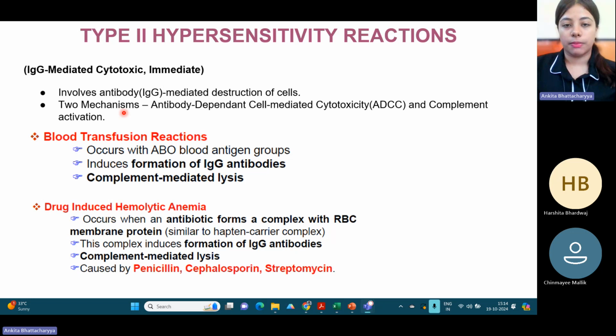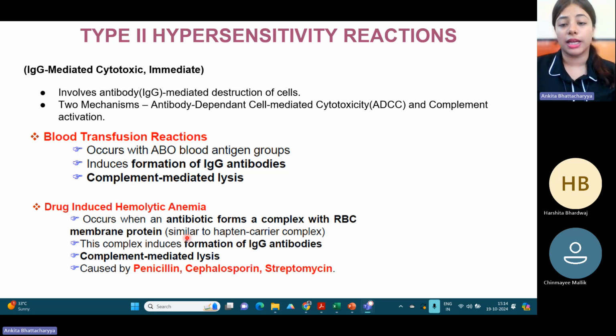Under that, two mechanisms majorly come in: ADCC, or antibody dependent cell mediated cytotoxicity, and complement mediated activation. You must be familiar with the complement system by now. These are the two ways by which cytotoxicity is elicited as a response to the type 2 hypersensitivity reaction.